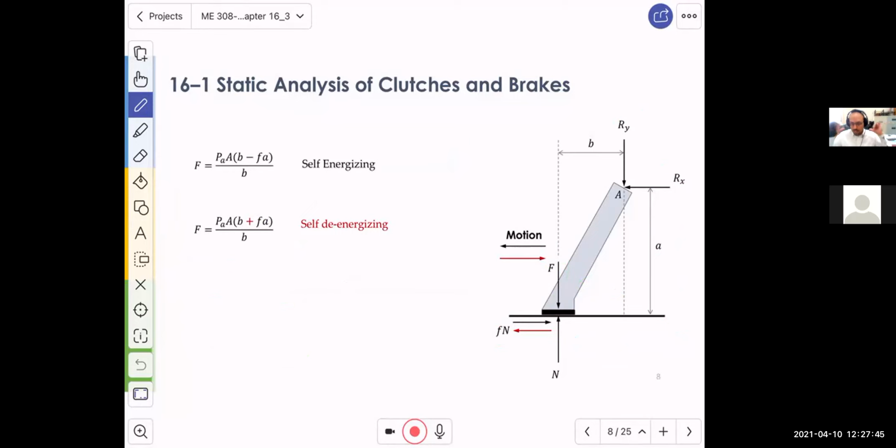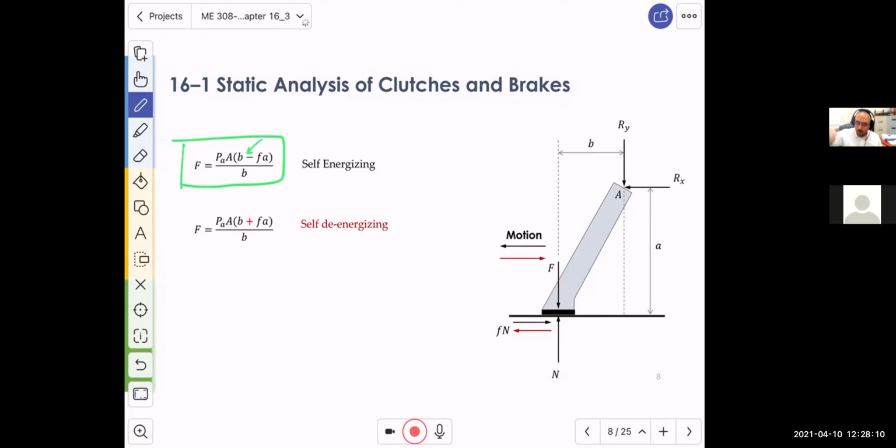Now, if you go back to the equation, when we set the motion to the left and the friction went to the right, we ended up with this equation with a minus sign here. What does that mean? It means, remember, if there is no actuating force, there is no friction, there is no brake. Here, it's very interesting.